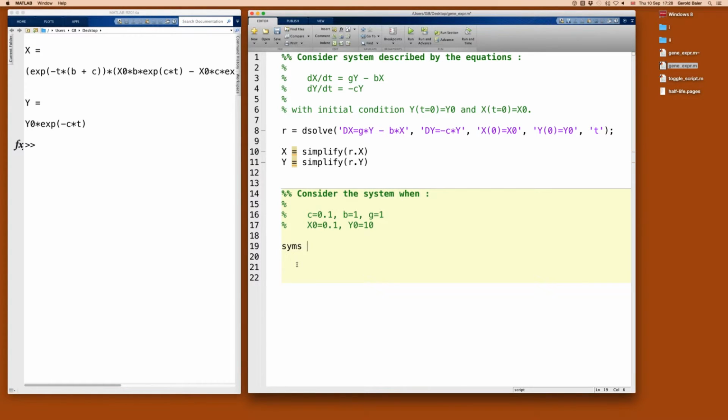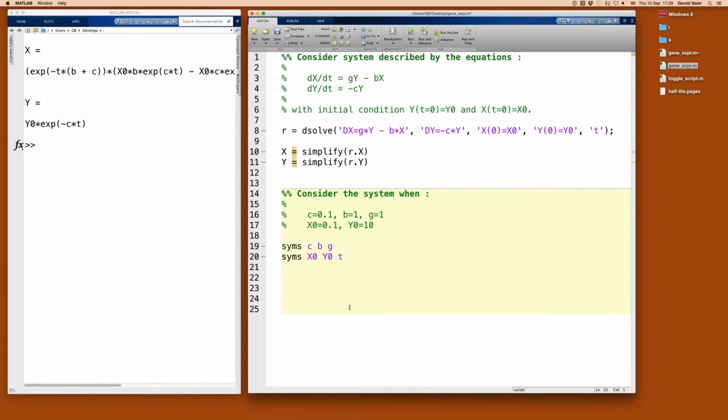So using the syms command, we want c, b, g, and, putting this on a new line for no particular reason, x0, y0, and t. So they're all of our symbolic elements in our equation so far, the parameters in the equations and the implicit t.